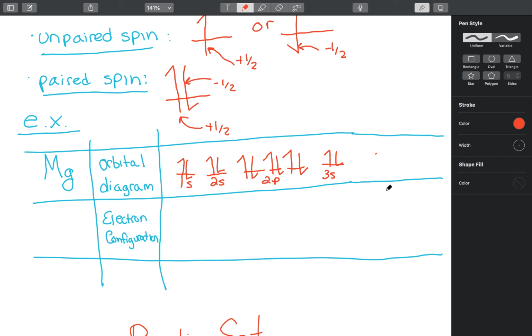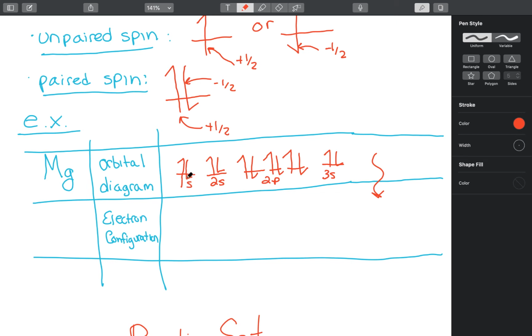Now let's convert this to an electron configuration. An electron configuration is basically telling you how many electrons are in each subshell. So we can convert this orbital diagram to an electron configuration.